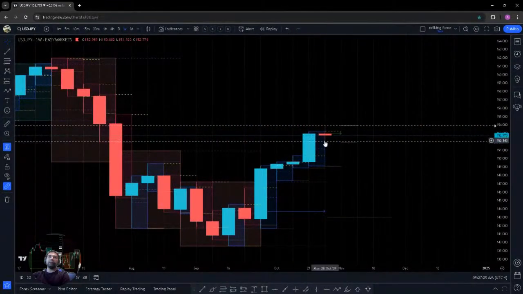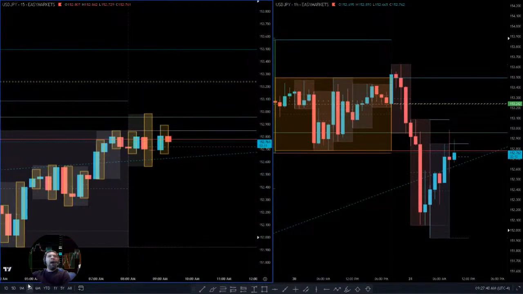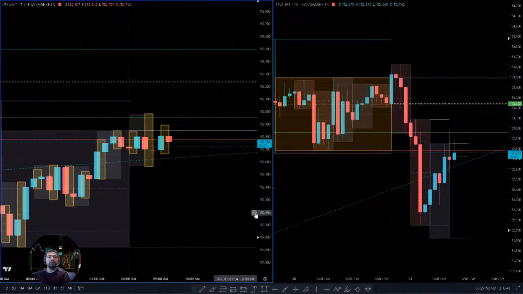It seems like this low has been formed, and this weekly could turn bullish tomorrow at NFP, right? So guys, this is a bullish pump.